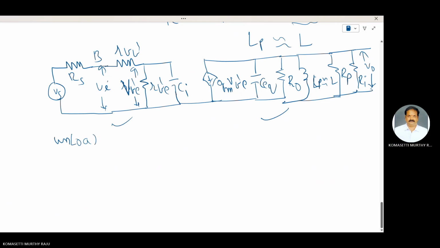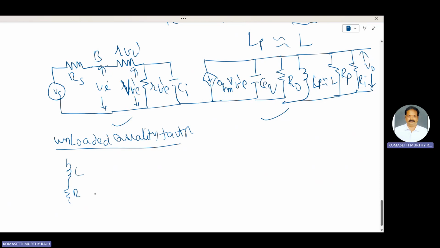Unloaded quality factor. Unloaded quality factor means the coil quality factor, that is L and R. The quality factor Q of the coil at resonance is given by QR is equal to, for the series circuit, omega R L by R, where omega R is the resonant frequency.